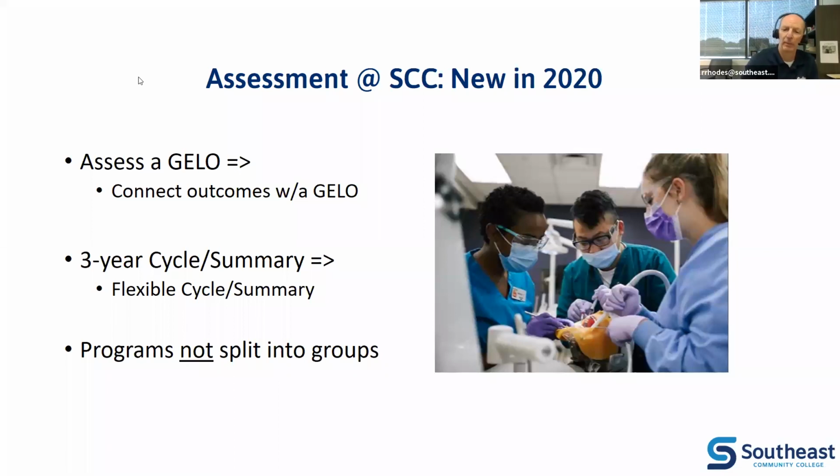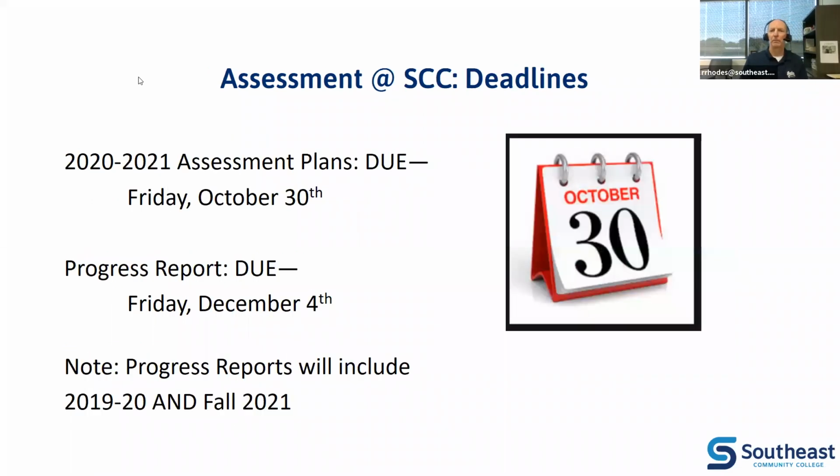Let's talk a little bit about deadlines. Now, COVID has really impacted us in many ways. So what we have for deadlines this year may or may not really be what it is moving forward. Part of why I like the Nuventive software is that planning, maybe even budgeting, and certainly assessment will live together and be streamlined and really tie together.